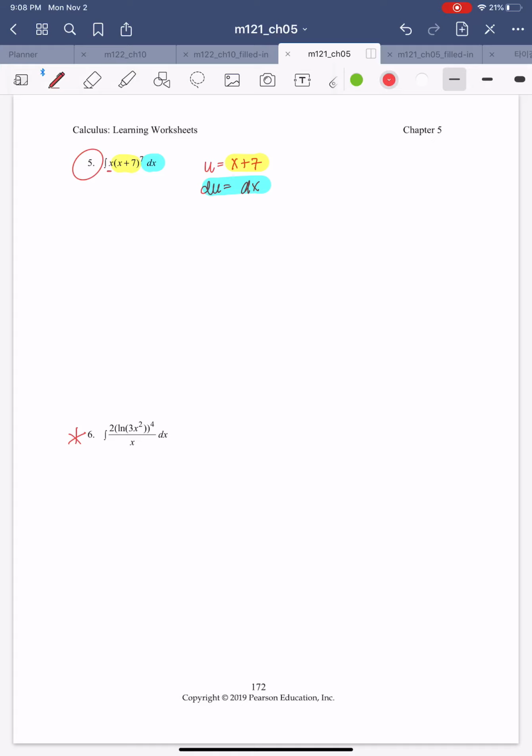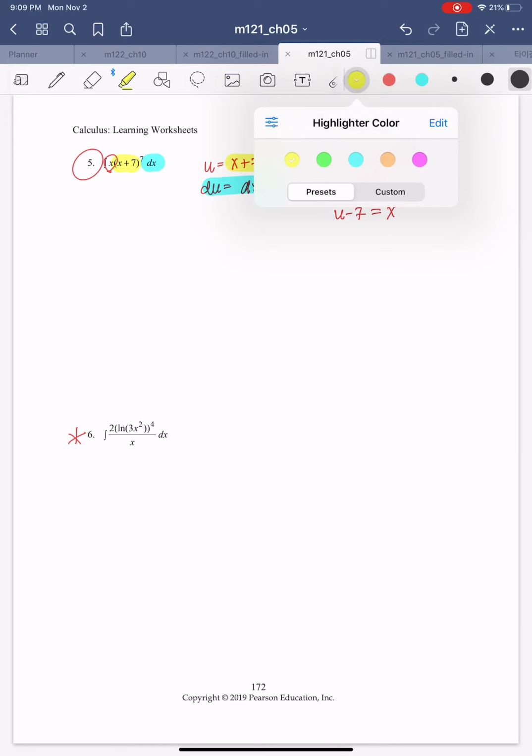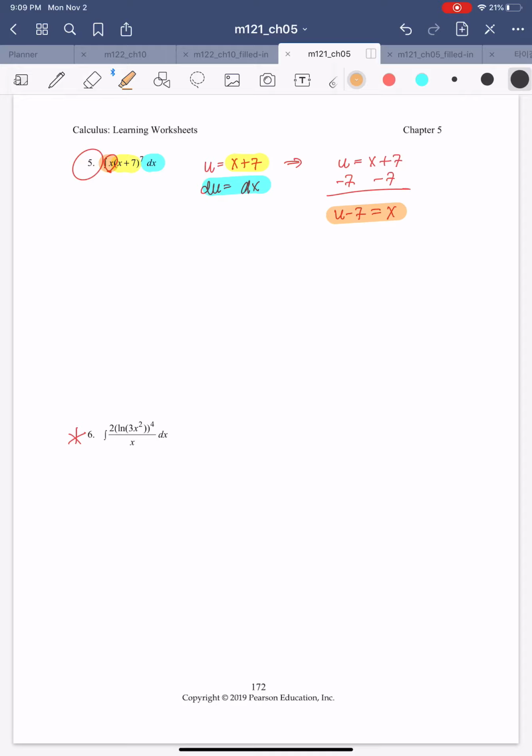But take a look at this. I can solve for x. Well, you have u equals x plus 7. So x right here really is also written as u minus 7 equal to x. So that's my third substitution. I can substitute that value for x.